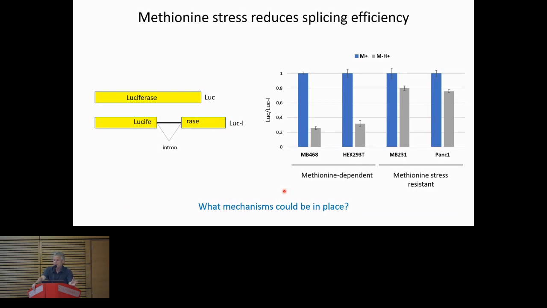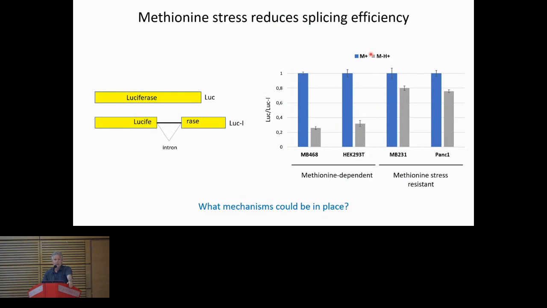The idea is that if methionine stress reduces the efficiency of splicing, then we would expect to see less luciferase generated upon methionine stress, which we do observe within the methionine dependent cell lines, but not within those that are resistant.